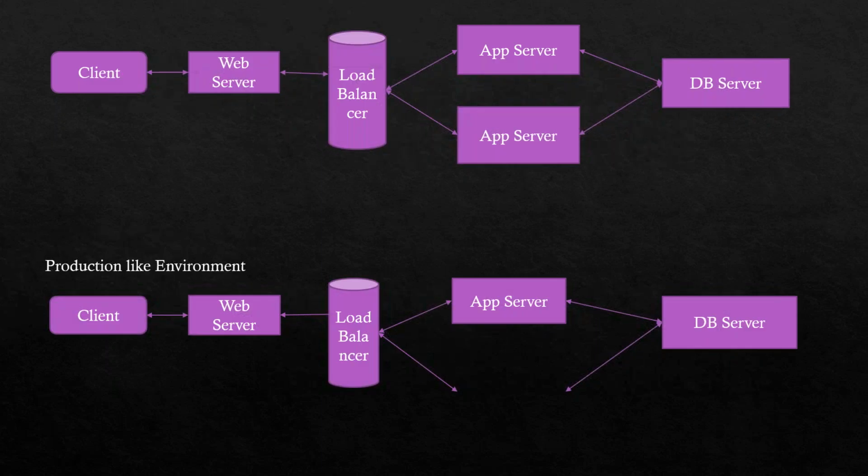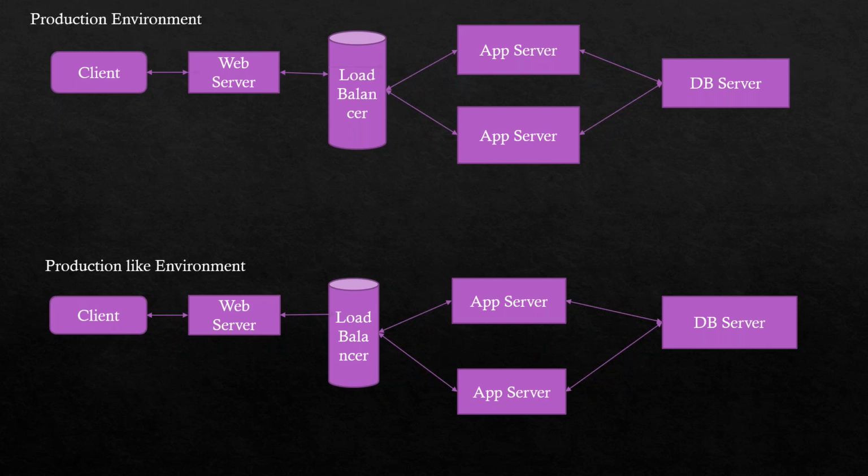Let's assume that you have a production environment with this set of architecture: the client, the web server, the load balancer, the application server, and the DB server. Whatever your production environment is, the same environment should be there in your testing environment, the performance testing environment.